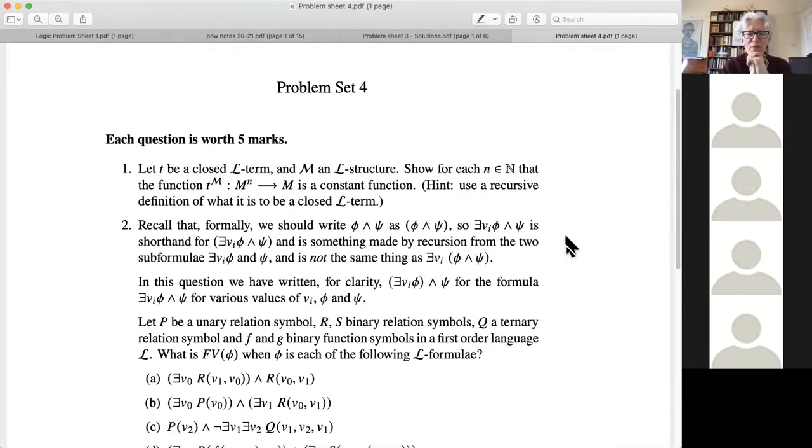The point would be that if T is a closed term, what does that mean? Well, if you look up what closed term means, it means there are no free variables. So a closed term is one, like a sentence, with 0 free variables in it.